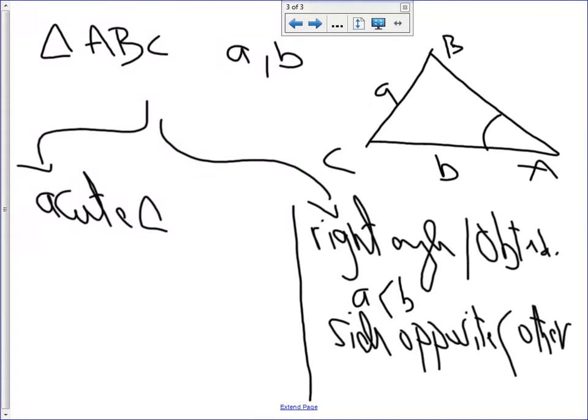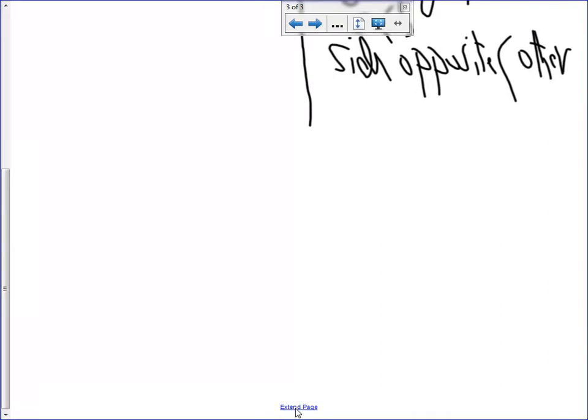So the number of triangles in this case is equal to 0.